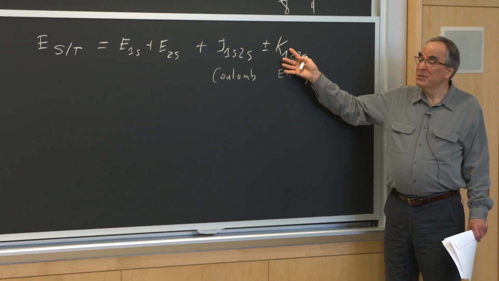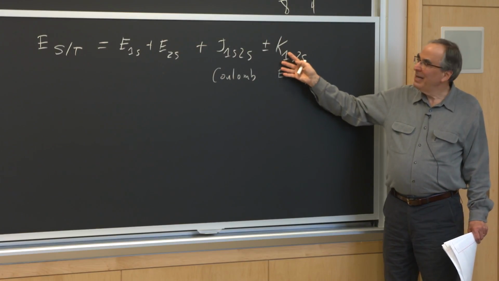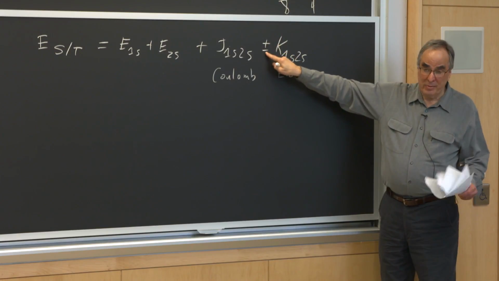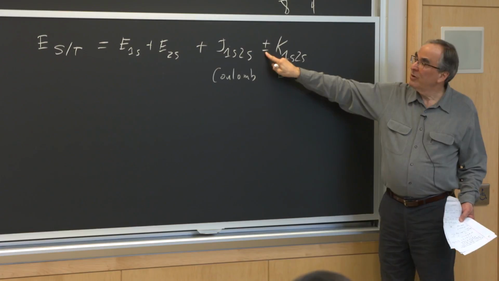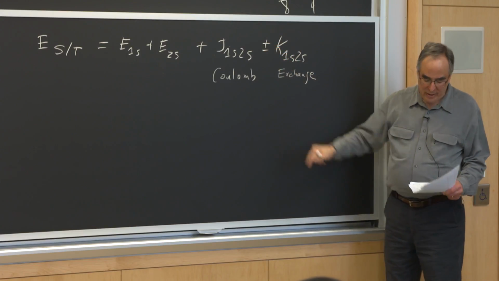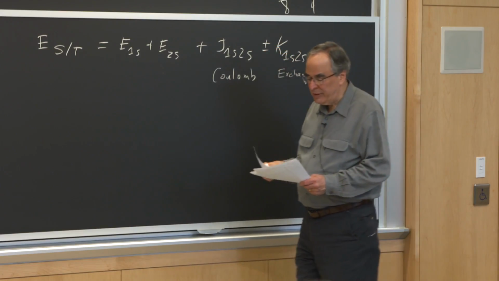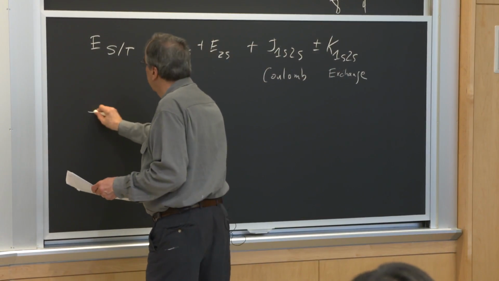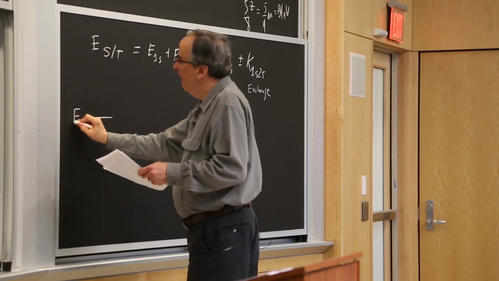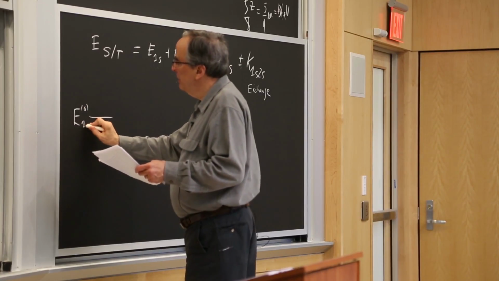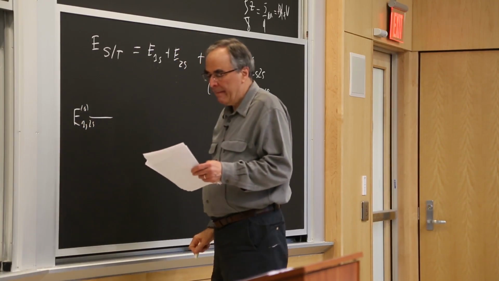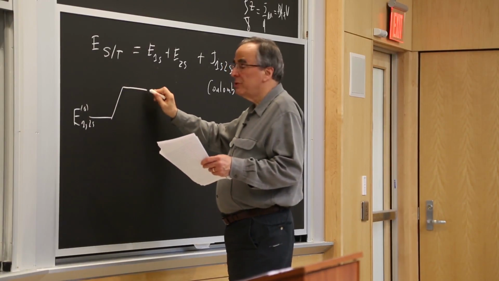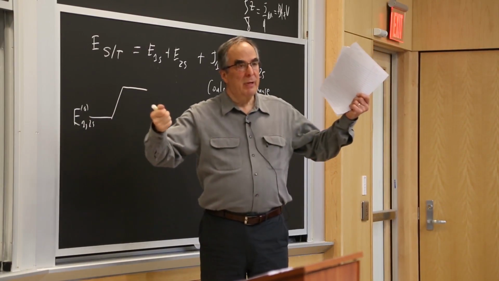And so this is the surprise. And it also depends on the sign, whether you have a symmetric or an antisymmetric, or a singlet or a triplet. And so you end up getting an energy level diagram for the states of a configuration, which looks like this. So we start out with E0, 1s, 2s. And then we allow the charge distributions to interact, and the electrons are going to repel each other.